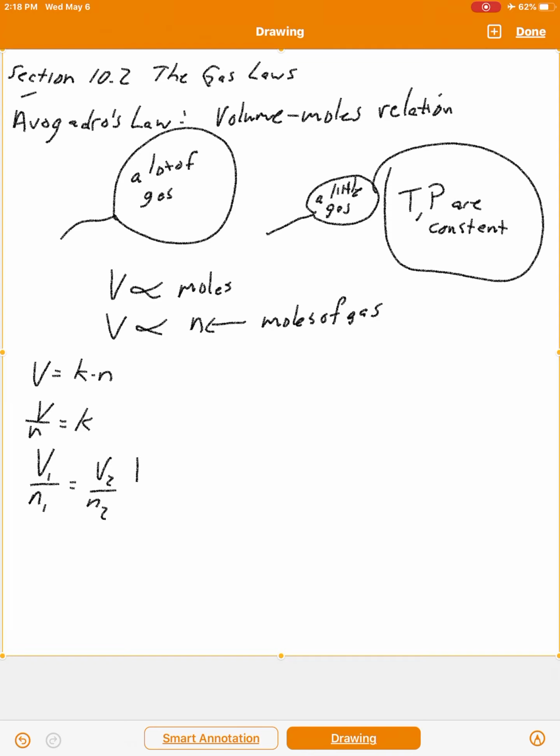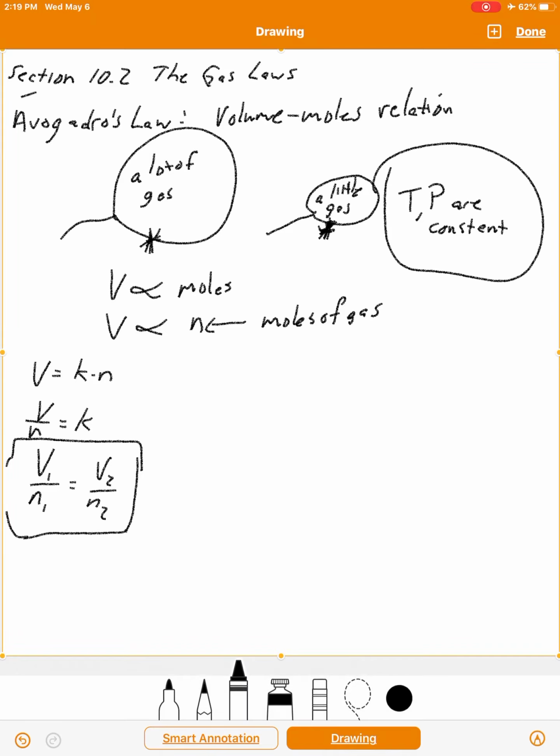This is maybe the most common way to relate this. What it says is, in this balloon over here, the volume of the balloon divided by the number of moles of the gas in the balloon is going to be equal to the volume of that balloon, how big that balloon is, divided by the number of moles of the gas in there. Okay? So that is Avogadro's law.